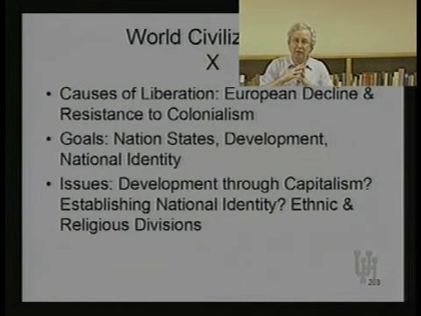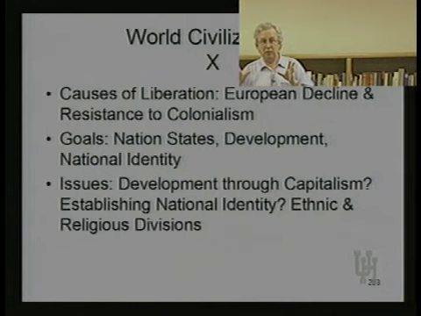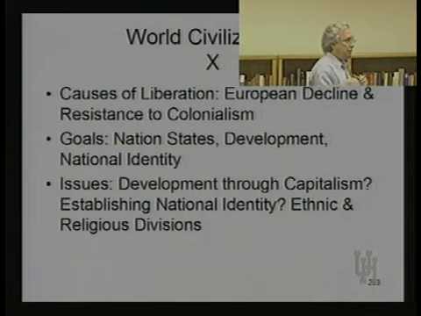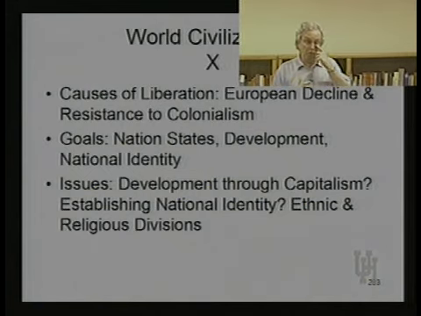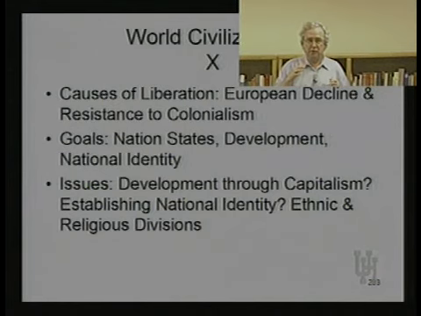So forging a national identity out of these disparate and often rival groups has proved to be a major challenge in most of the new societies. And finally, as a product of that, most of them have faced problems with ethnic and religious divisions that continue to trouble much of the developing world, even down to today.